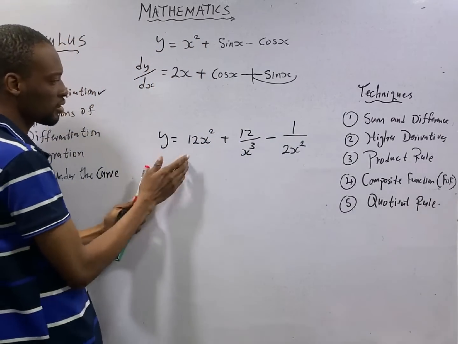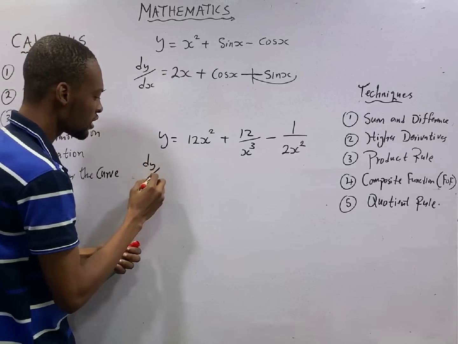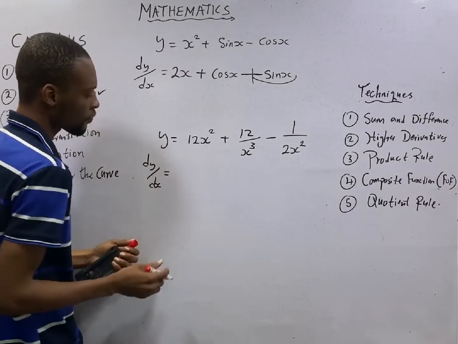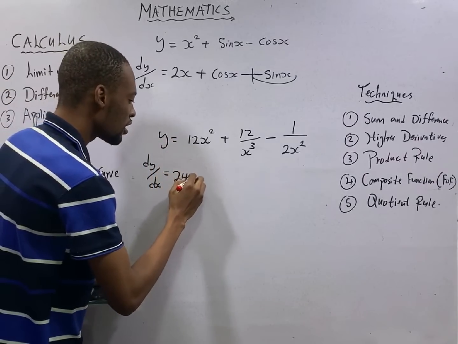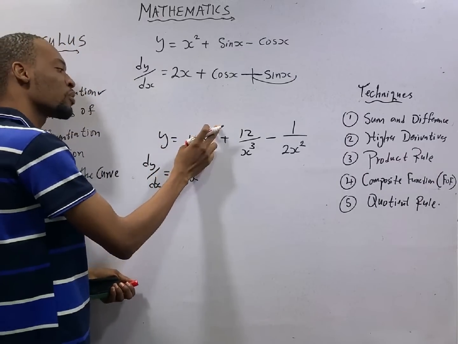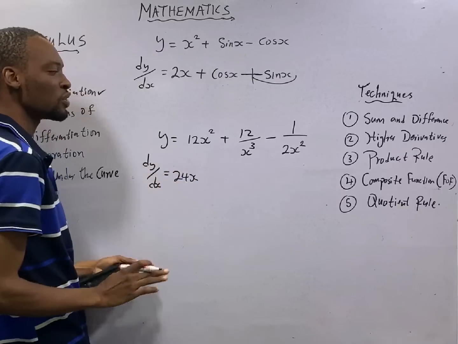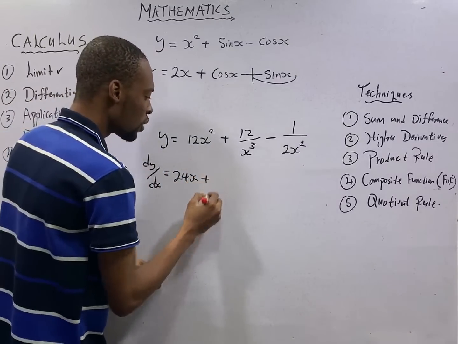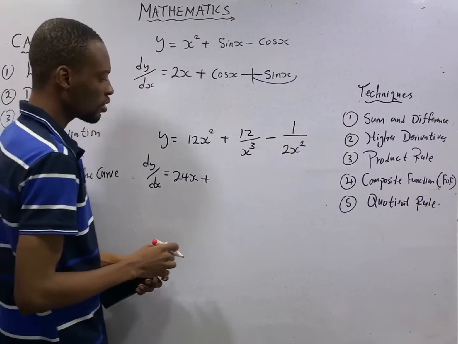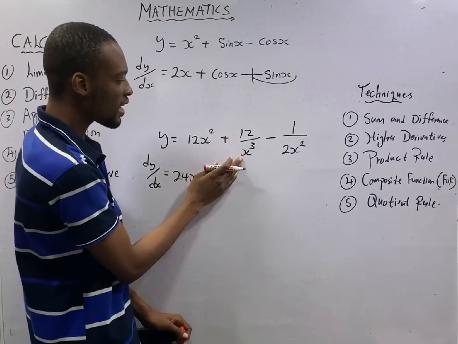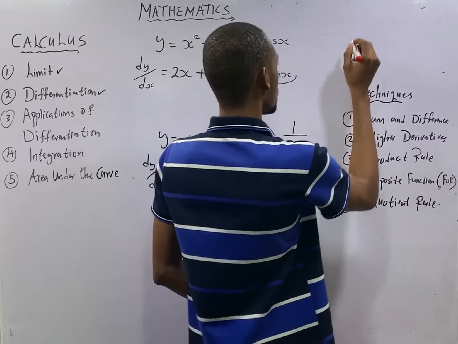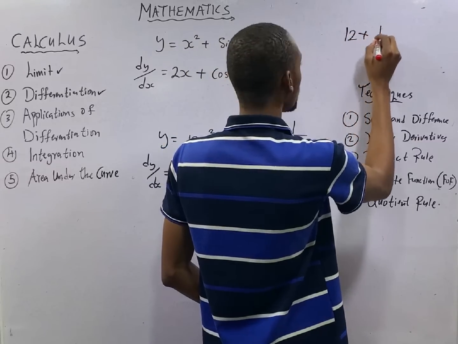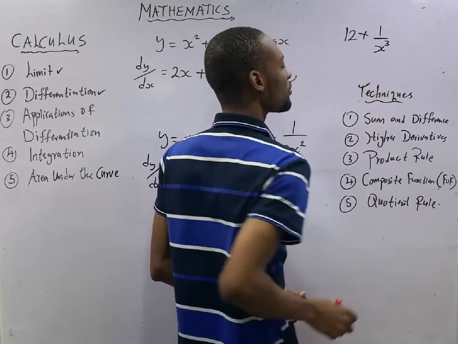For here, dy ds is equals 2 times 12, 24. Yes. Subtract 1 from 2, you get 1. So here is 24 plus 12 over s raised to the power of 3, which is the same thing as 12 times 1 over s raised to the power of 3.